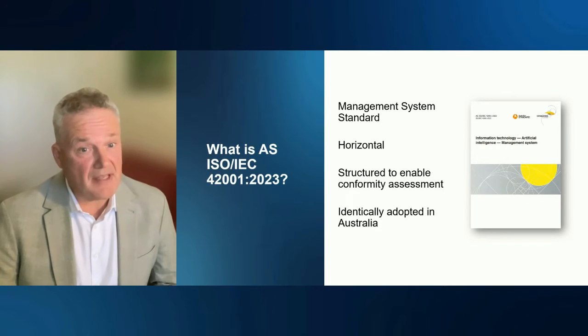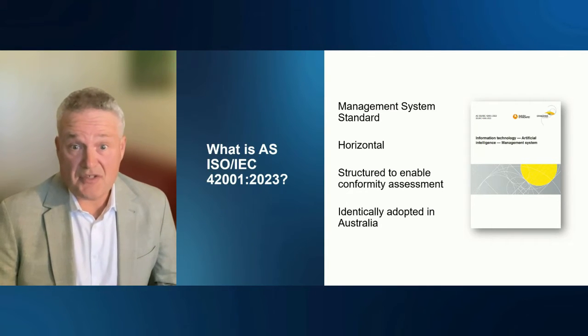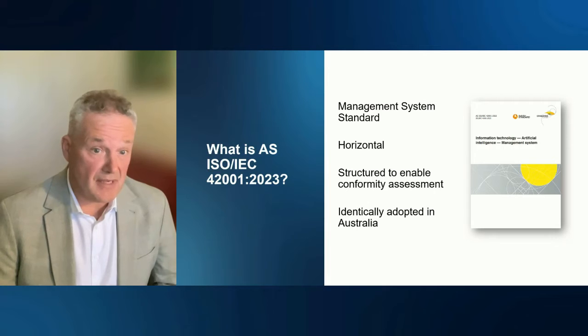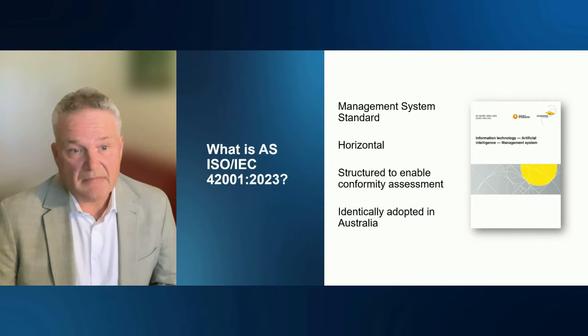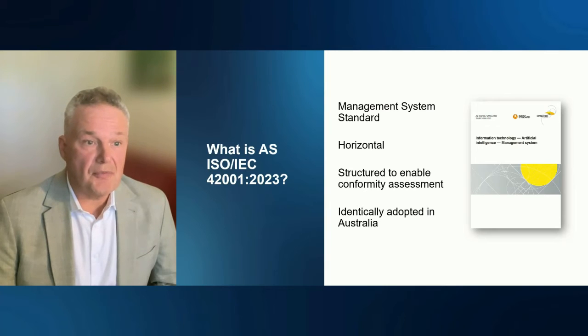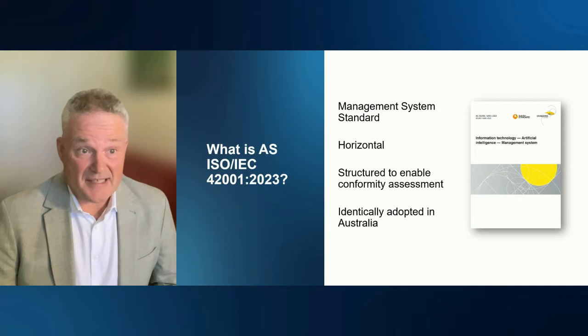It also means that certain industries, like financial services, for example, may create additions to the standard that are specific to their domain. And finally, it is structured so that you can be conformity assessed. You can receive certification to this particular standard.